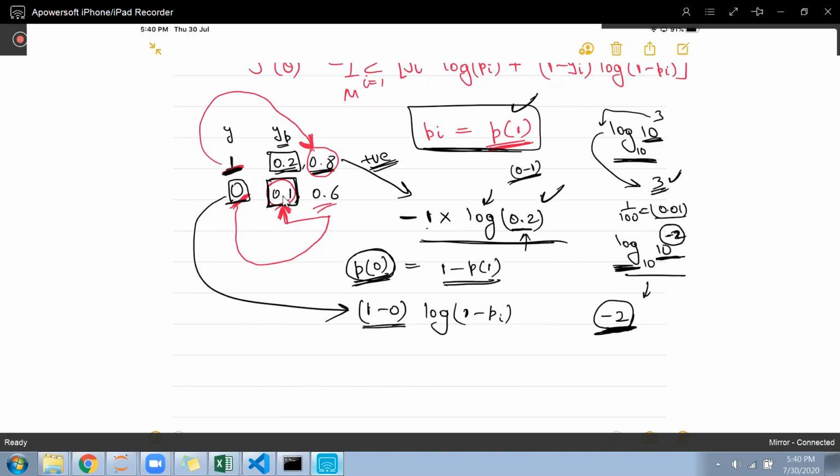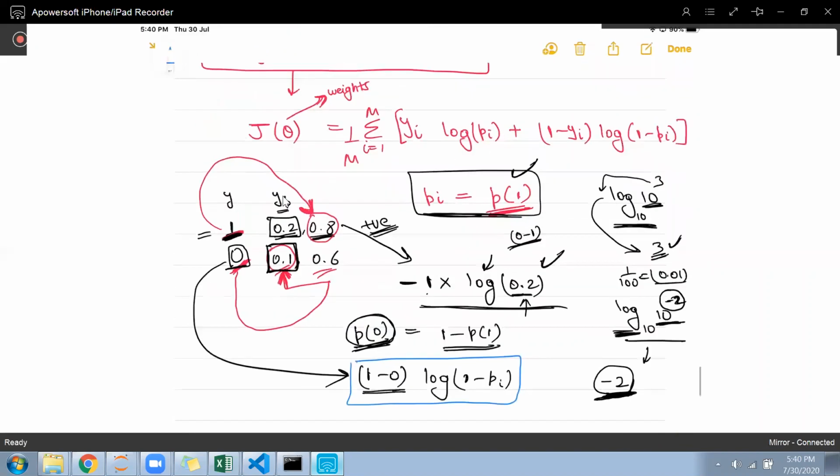So if my yi is 1, then this term will vanish. Which term will vanish, this one or this one?